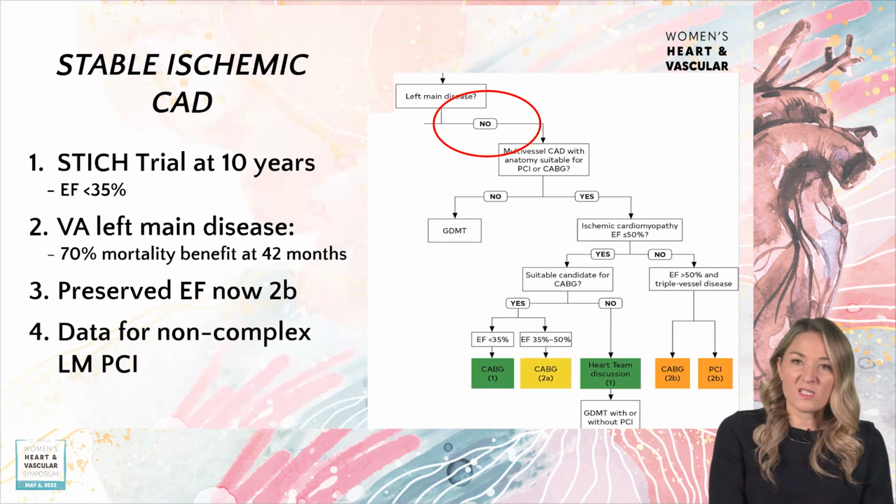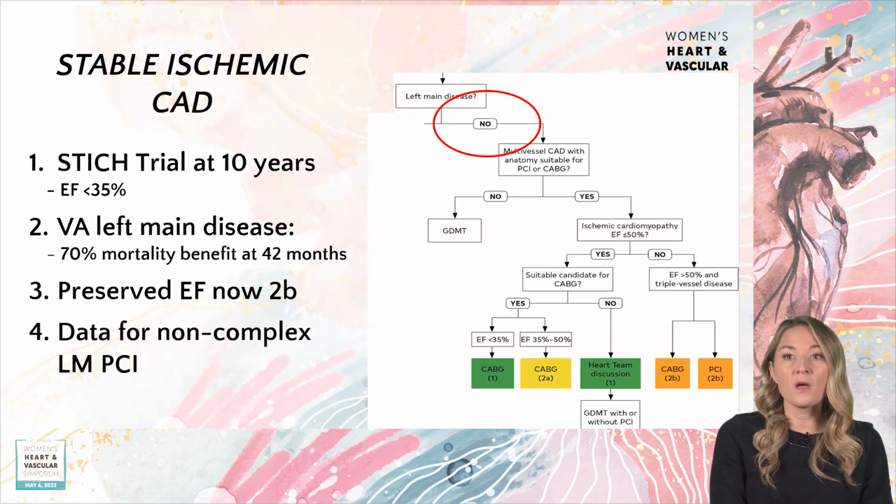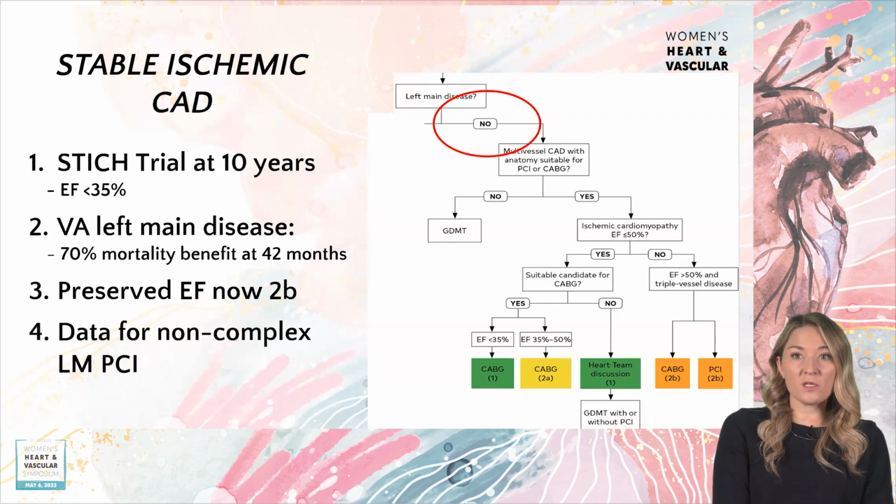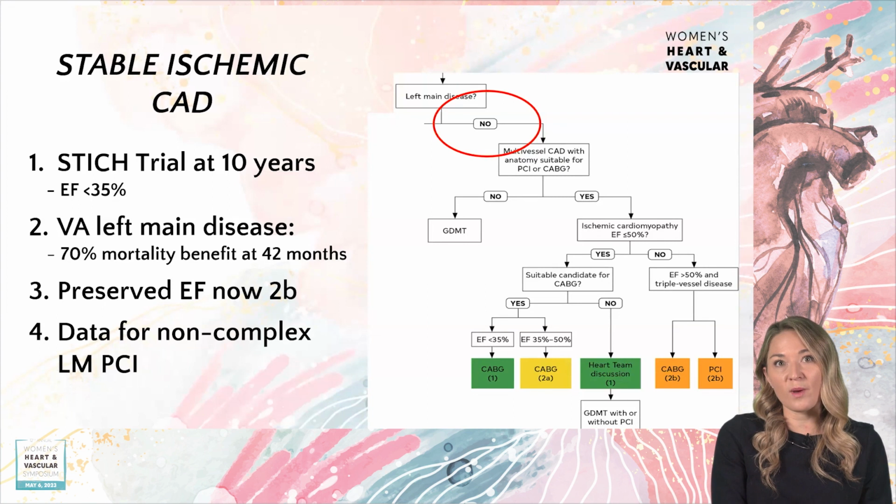So for example, the STITCH trial, like I mentioned earlier, randomized patients with an EF of less than or equal to 35 to bypass versus medical therapy alone. It initially didn't demonstrate a survival benefit, meaning mortality wasn't changed, but at 10 years there was a survival benefit for those patients who had bypass surgery.